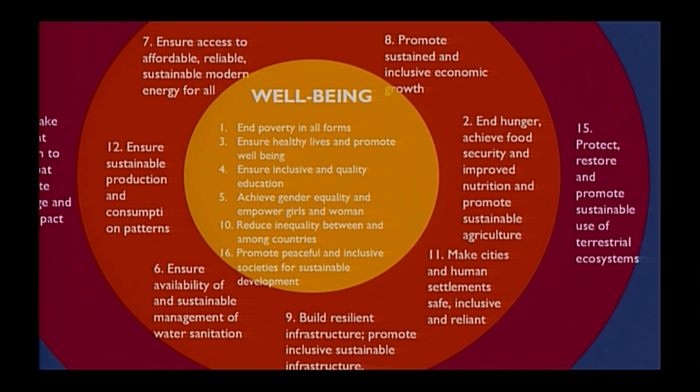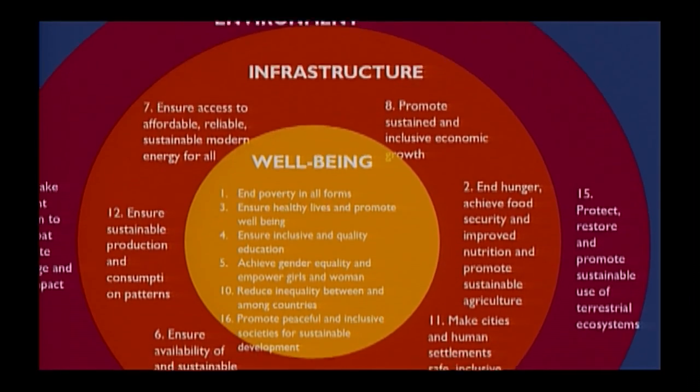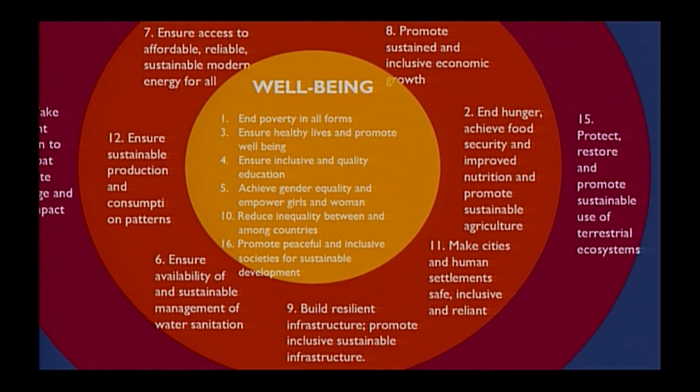Actually, if we come back to goal 2, which sequentially is straight after the poverty goal, around ending hunger to achieve food security, you can see that that actually relates to infrastructure as well as well-being. So you can see the relationship there.